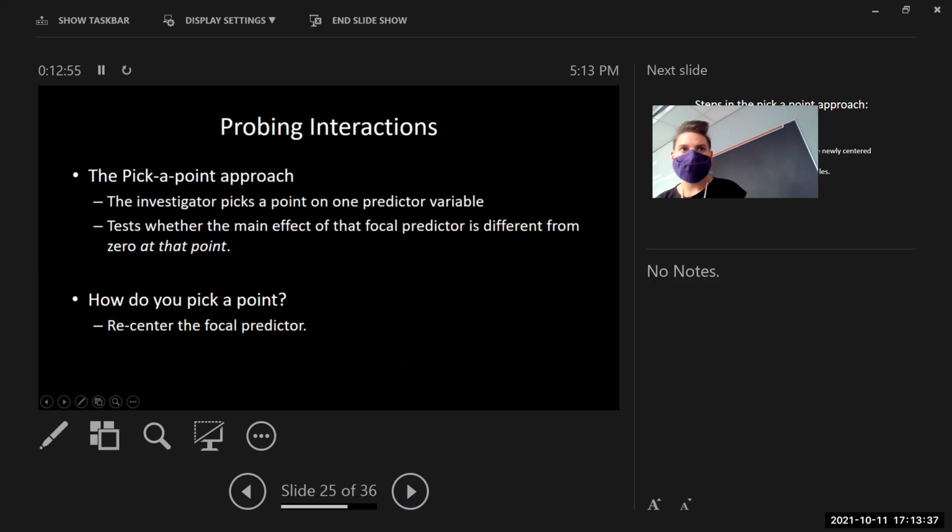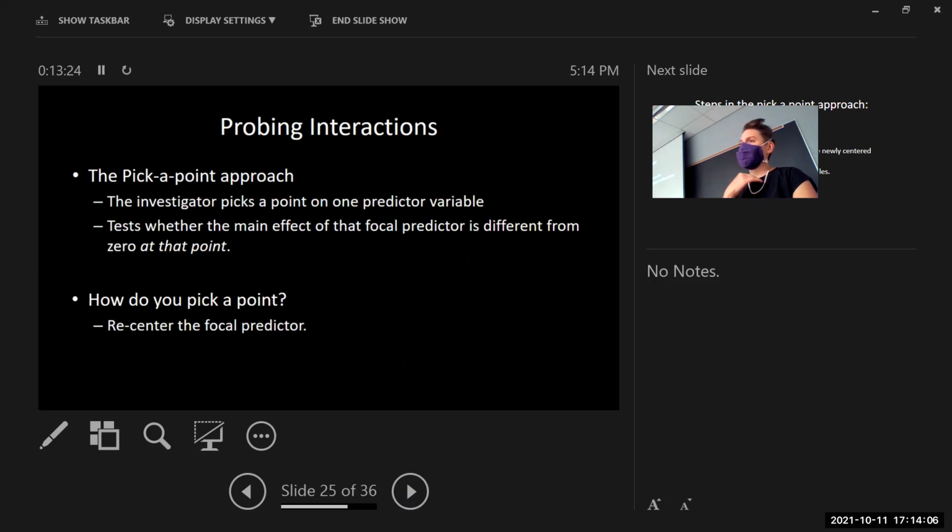To probe an interaction, we do something called the pick a point approach, where you pick a point on one predictor variable and test for the relation on the other variable. Now remember, you basically have just done that. You did some picking a point by plugging in information, which gives you an idea of the size of differences, but it doesn't give you a statistical significance test.